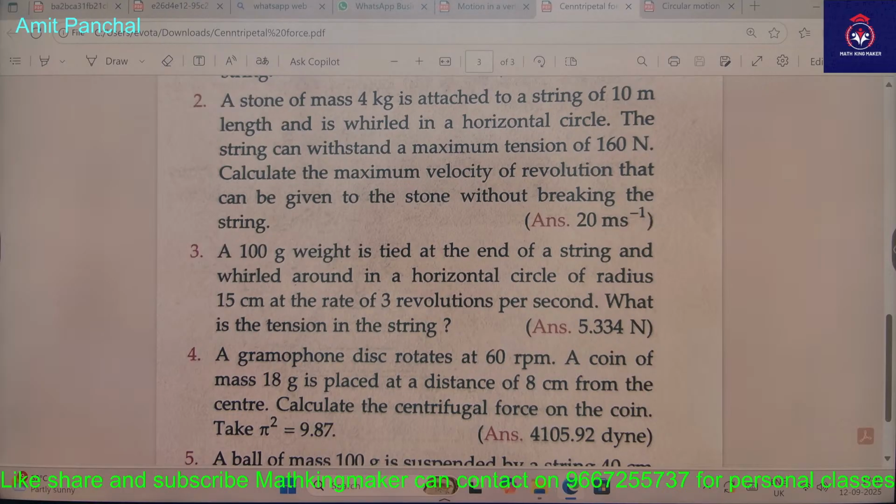Yes, tension, such as the centripetal force, is also equal to 160. So 160. Try to make a free body diagram. Okay, very bad at making that. But if you're not drawing an FBD, then your problem will be more complicated.